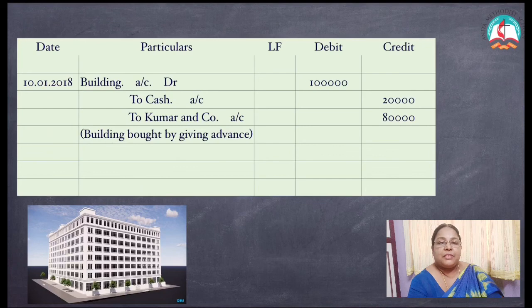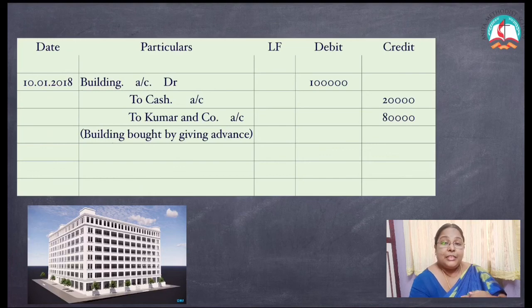What do you understand from this transaction? Purchased what? Purchased building. Journal proper. When they are specifying what has been bought, that should be called journal proper. Here what comes in? Building comes in, worth rupees 1 lakh.